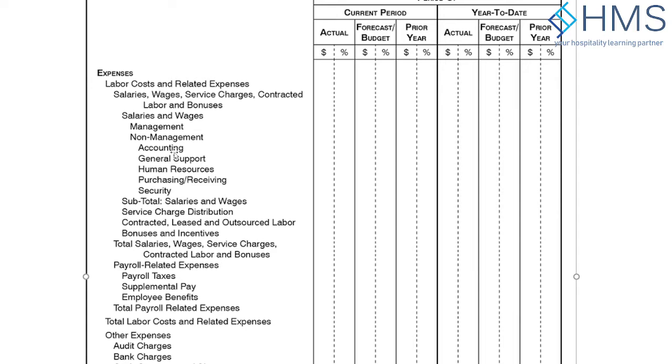So the financial controller or the director of finance would be considered in a management position rather than in accounting. The managerial positions in finance, like the finance manager, chief accountant, and assistant financial controller, all go to management. But the supervisory levels, the accounts payable team, the entire credit team, the entire general accounting team, and the cost control team would go into the accounting department.